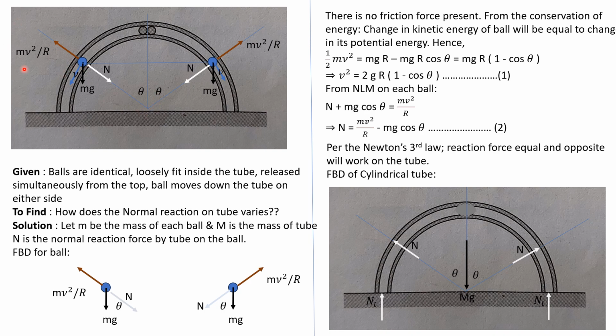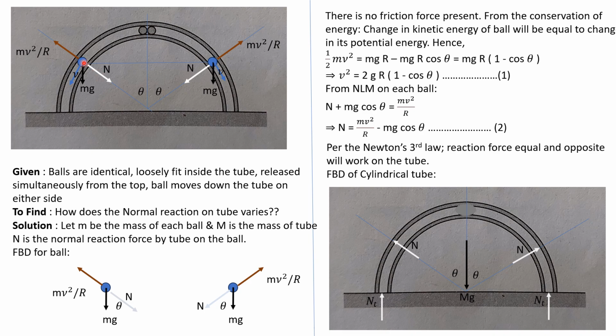Because of this centrifugal force, the ball will have a tendency to move outwards. But the outer ring of this cylindrical tube will not allow it to penetrate and pass through. So it will offer a force, a normal reaction force N, exactly opposite to the centrifugal force as shown in this diagram.